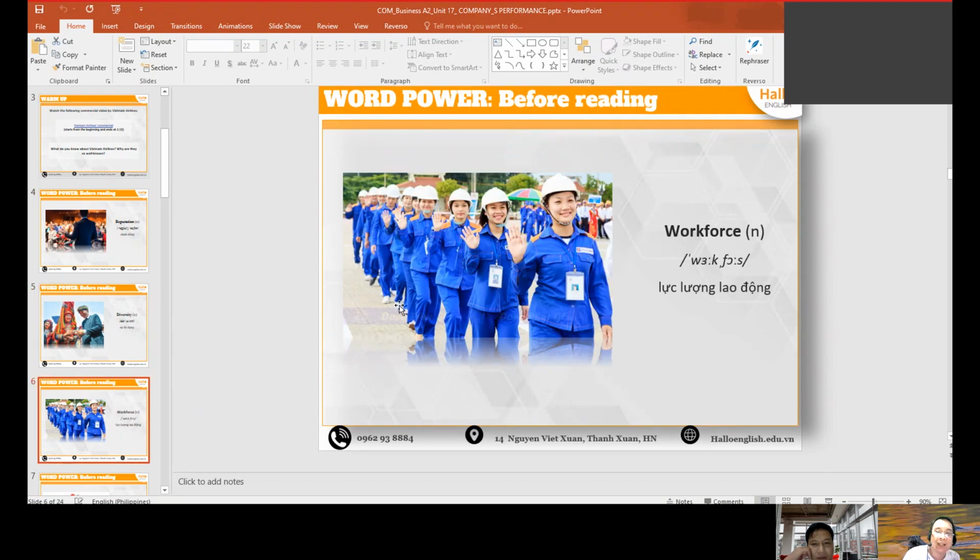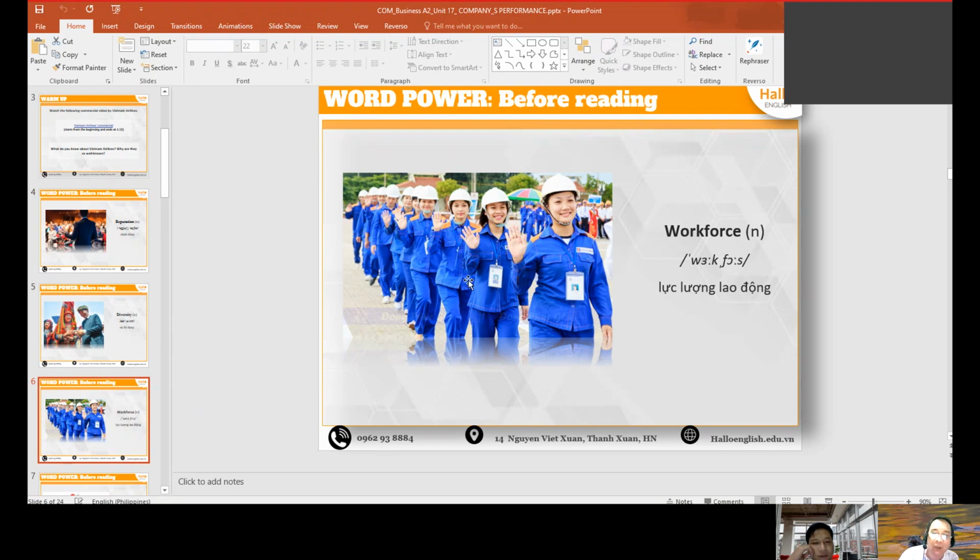Next, the next one is workforce. If you're talking about workforce, that includes the employees, right? Not only the employees, but of course the staff, all the staff, including your boss. All of them work hand in hand in order to create a very good workforce.